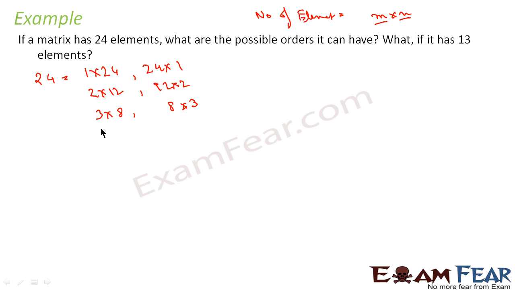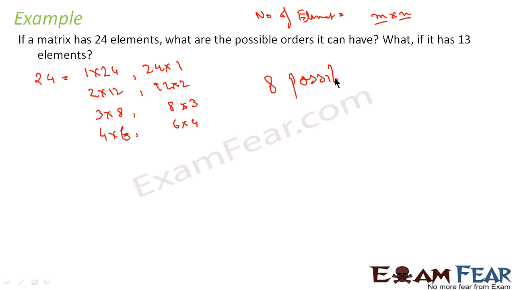Also I can write 4 into 6, flip it, this becomes 6 into 4. The next is again 8 into 3, but that's taken care. The next 12 into 2 taken care, and 24 into 1 taken care. So these are my possible combination, and the number is 1, 2, 3, 4, 5, 6, 7, 8. So there are 8 possible orders.